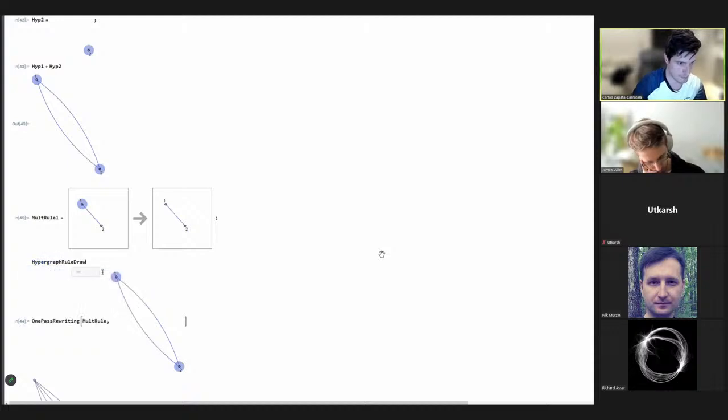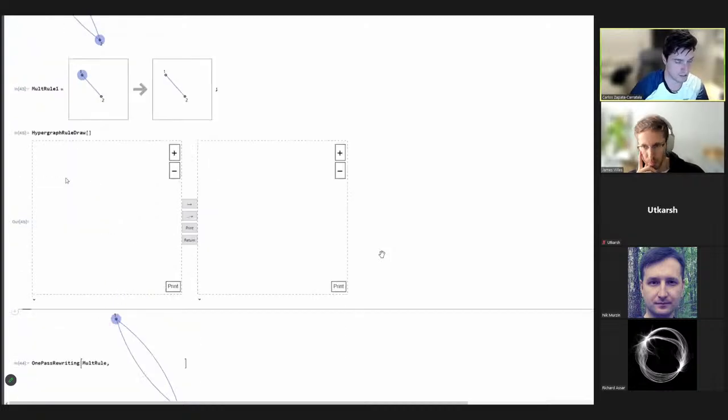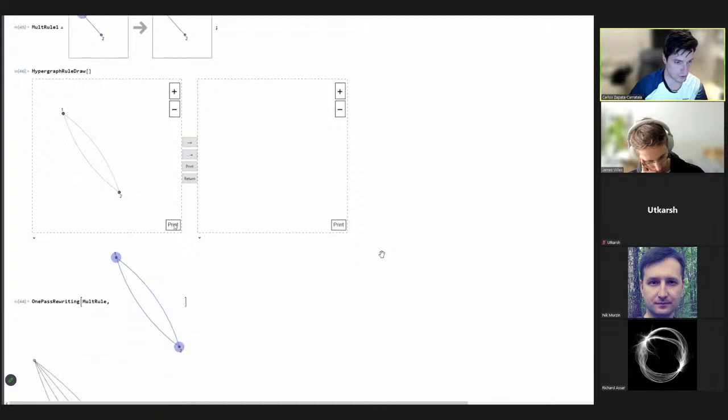We'll draw. We want something that looks like this. Whenever you find 2, the interaction of the binaries with the binaries.